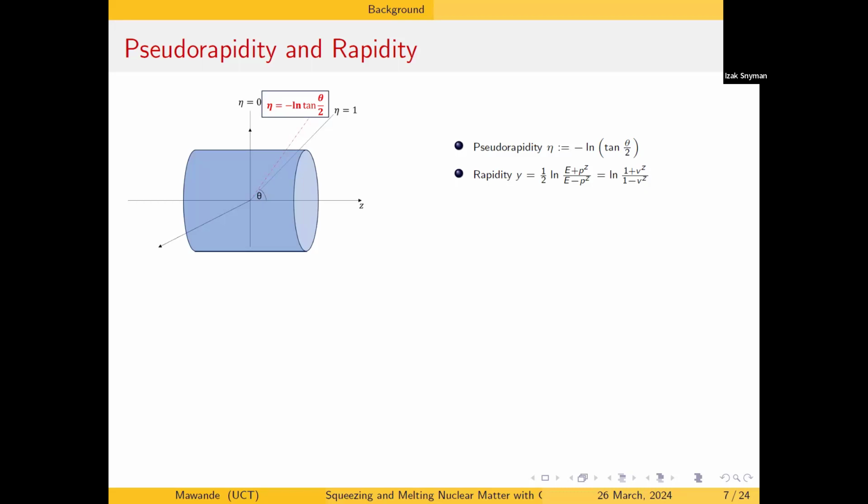It's just the log of 1 plus the velocity in the Z direction over 1 minus the velocity in the Z direction. Oh, sorry, there's a half in front.